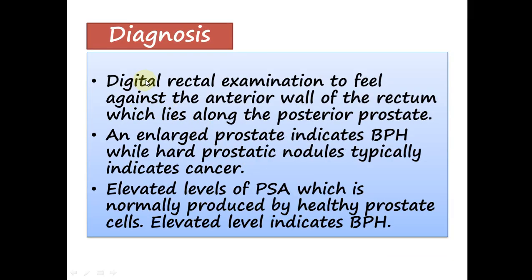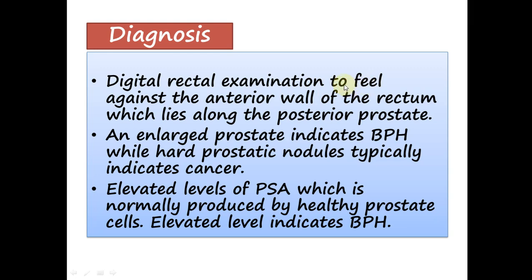To make the diagnosis of the prostate gland, we first listen to the signs and symptoms of the patient, how is the stream of the urine, how much difficulty the person gets when he is passing urine, and then, with the help of a finger and glove, we make the digital rectal examination, because the posterior peripheral zone of the prostate is very close to the interior wall of the rectum.